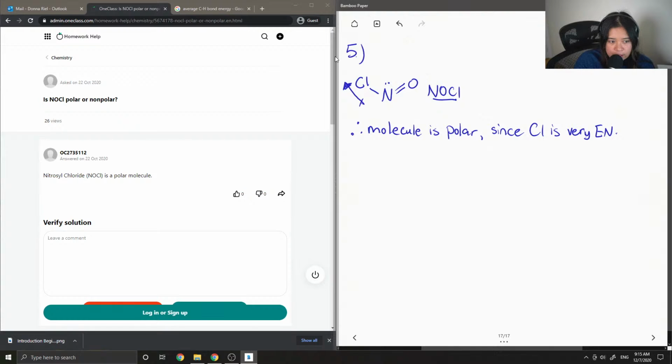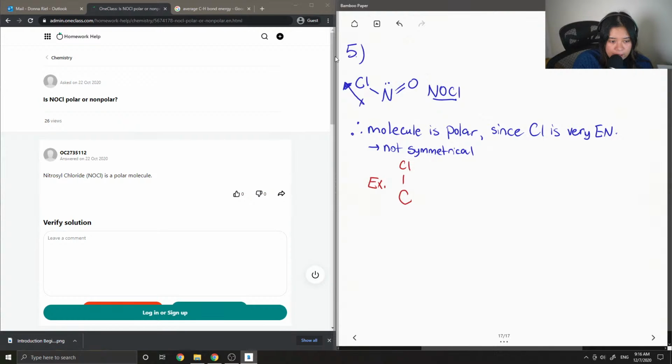We also know it's polar because it's not symmetrical. So let's draw out an example of a nonpolar compound.